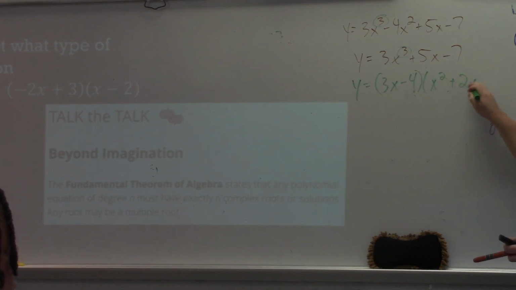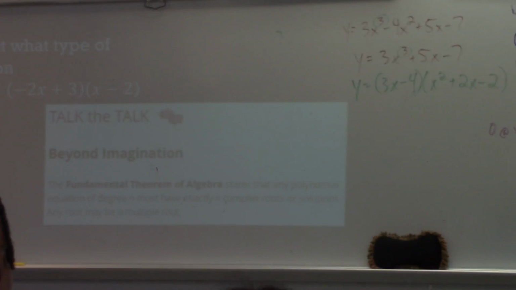So how many zeros will this function have? 2? Hey guys, I need y'all to all look at this and understand this foundational piece right here. How many zeros will this function have? 2? No, it'd be 3 because it's dilated as well. So notice it's dilated. Is this in standard form? The whole thing?